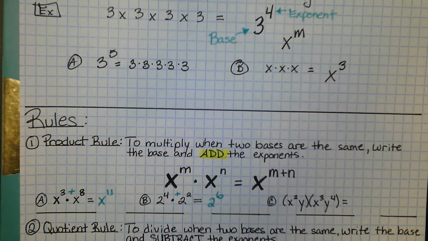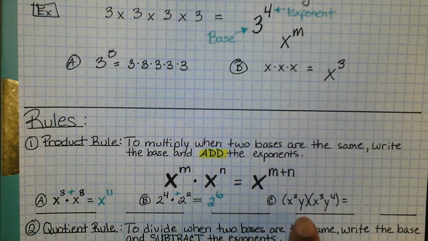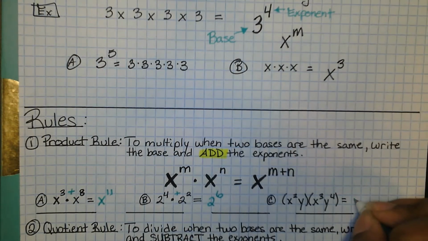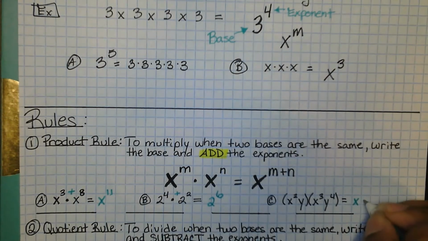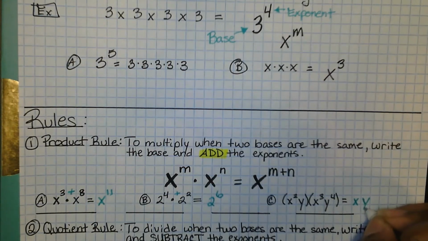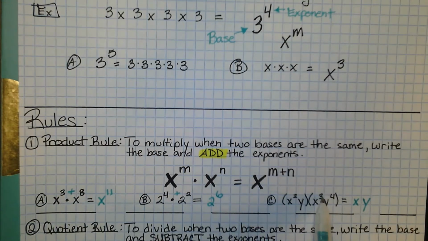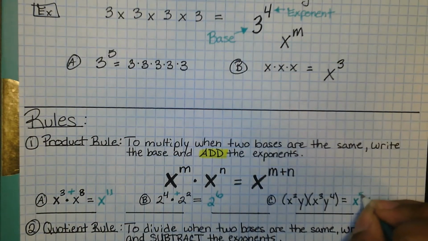And in the third example, there are two variables or two bases, so we keep both bases. If there's more than two, you basically just keep whatever's there. So we have both x and y. Now we need to figure out the exponents. You add x with x, so 2 plus 3 gives us 5.